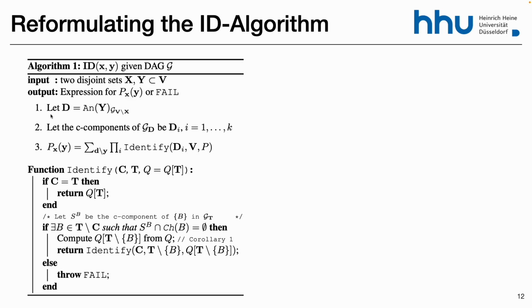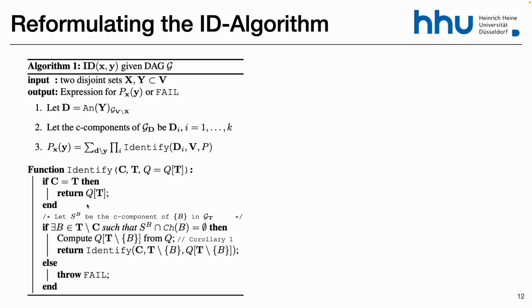You have here first the reduction of the ancestral set, then you compute the C components in this graph GD, and you call the identify function of every C component in the graph GD, knowing what's the corresponding C component. This is computed inside, but this is going to try to identify the QDI given the corresponding C component in the graph G over V, the entire GV.